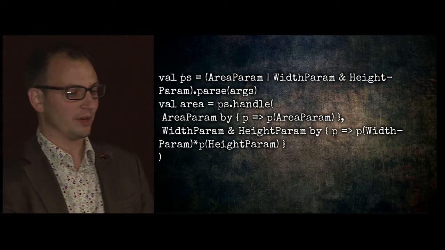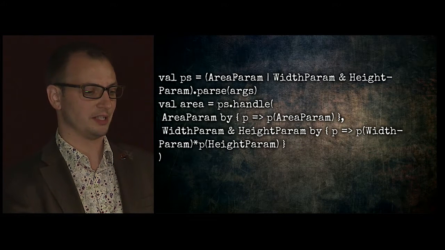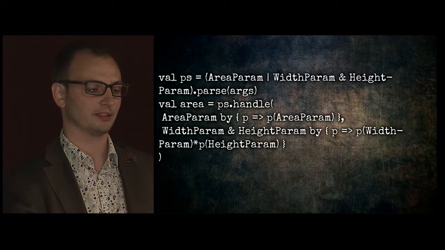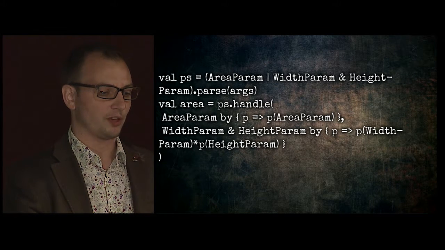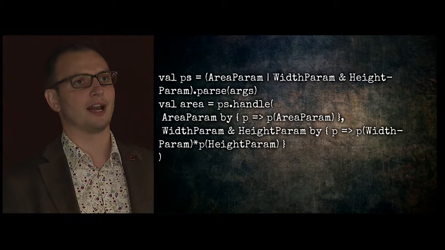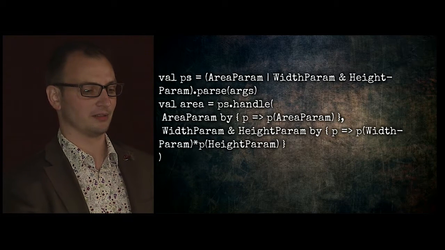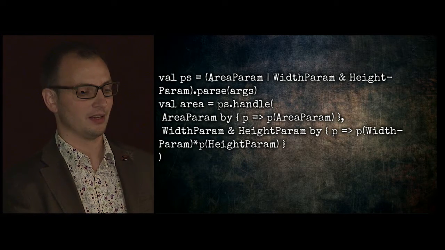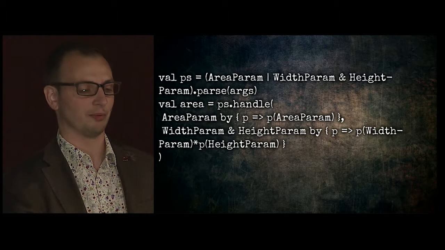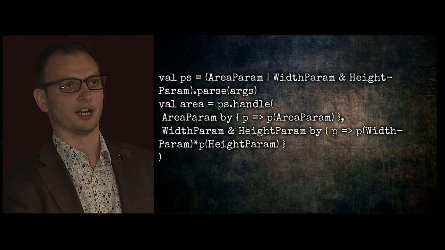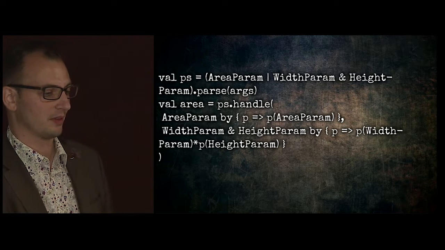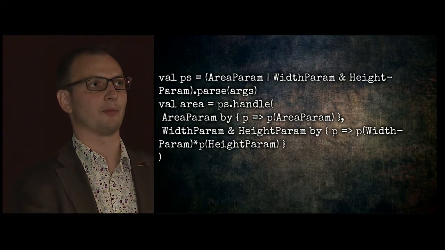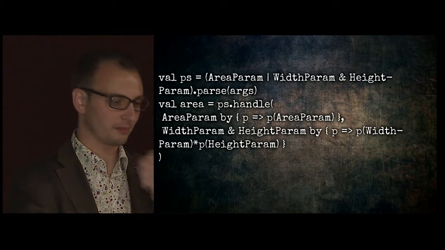So given that we've parsed this into a value called PS, the type of this now knows that, assuming this succeeded, we've either had a valid area param or we've had a width and a height param. If we didn't, then that will fail.